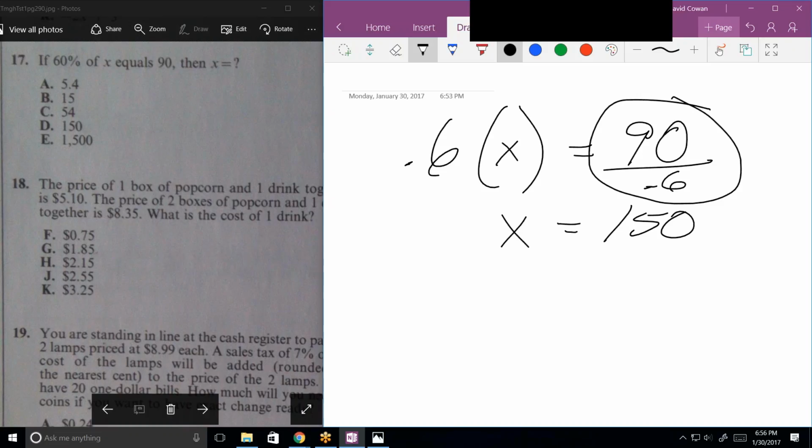If they had 150 and 160 and 140 on there, then you might need a calculator. But they don't. They don't have anything that's within a factor of 10 of the correct answer. All right, I understand that one.